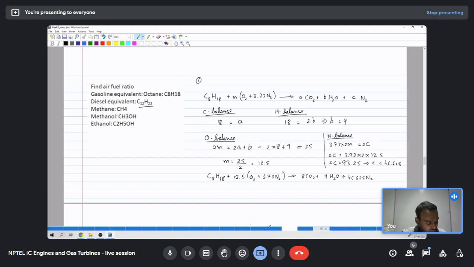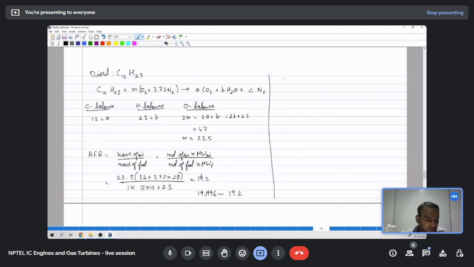Now we can see for the methane. I think for methane it is relatively easy. So we have methane CH4 plus m times air, that is O2 plus 3.73 N2, and on the products we have a times carbon dioxide and b times H2O plus c times nitrogen.